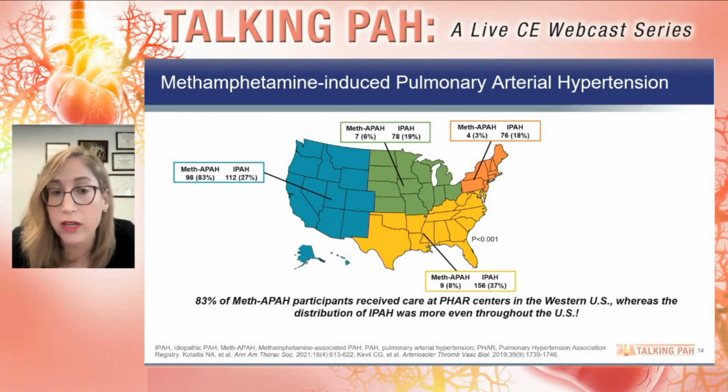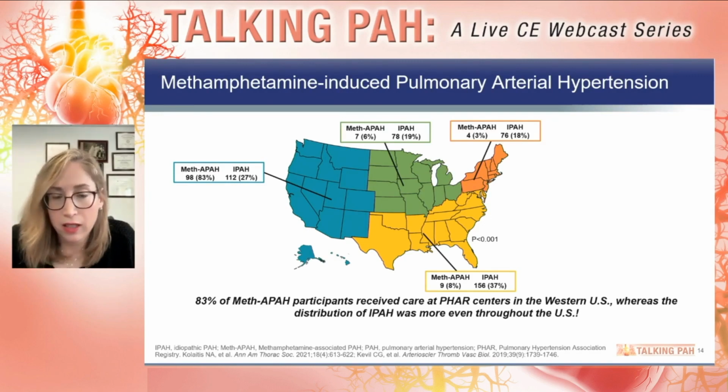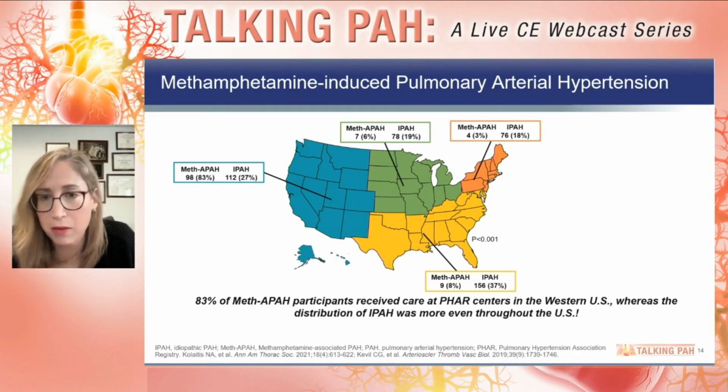And you can see it's really all west compared to any other part of the country. And I would argue that the data is probably biased a bit, and maybe we're not testing enough in certain parts of the country, but it is instructive to see this.